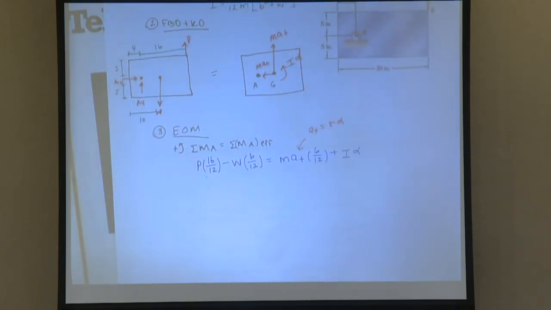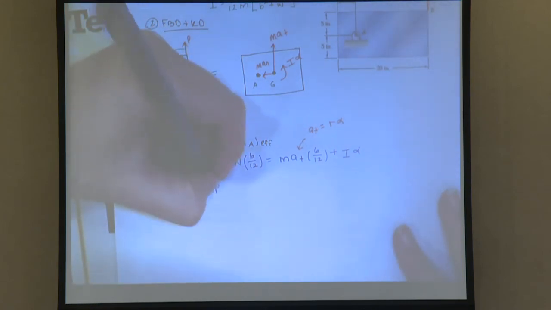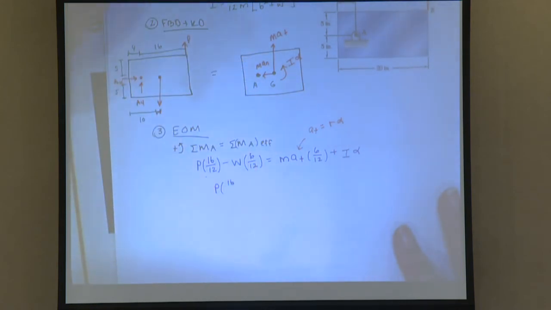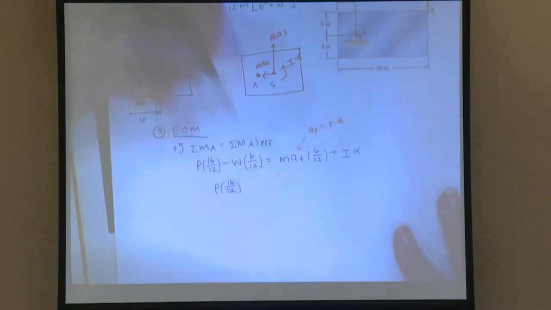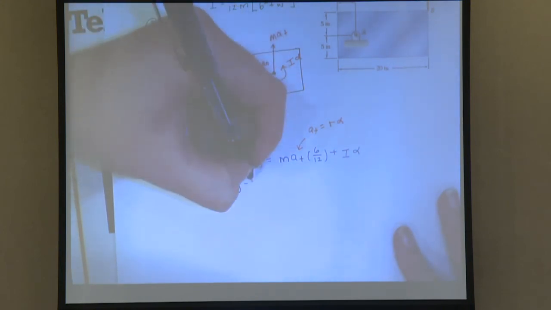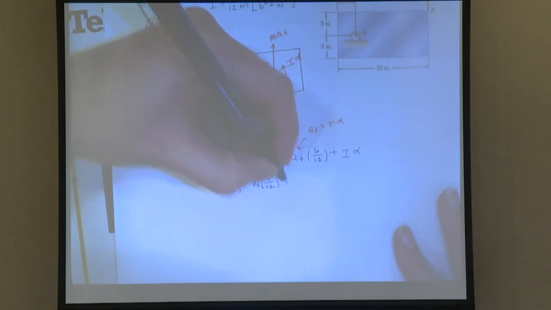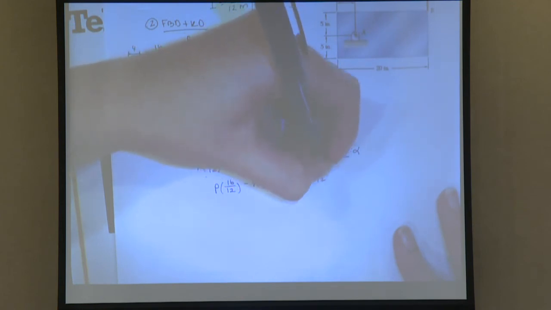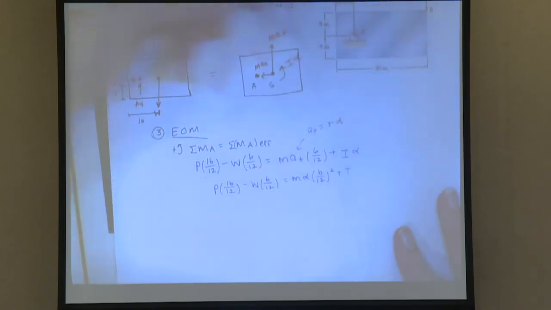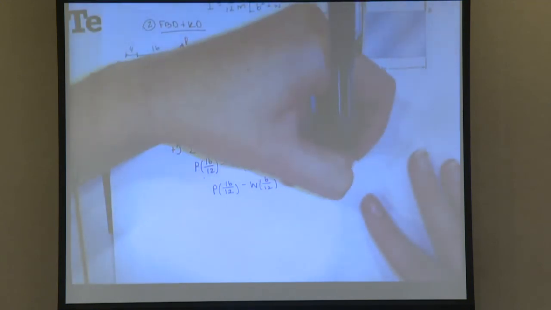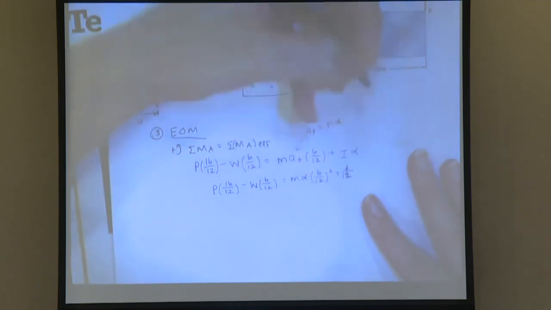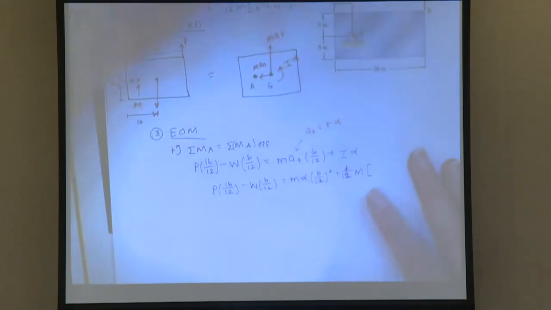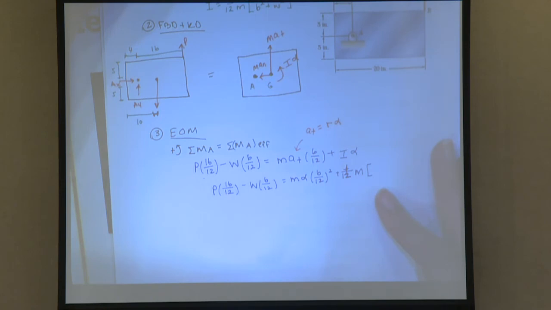We're trying to find the force P and the reactions A_X and A_Y. From this equation, we can get the force P. So I have P times 16 over 12 minus W times 6 over 12 equal to M alpha times (6 over 12) squared, plus, let me plug in the equation for I alpha, 1/12 M. For the base, it doesn't matter which one we pick.